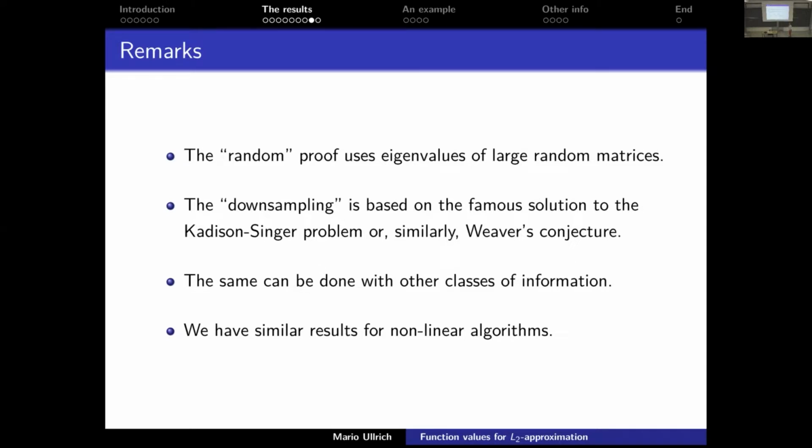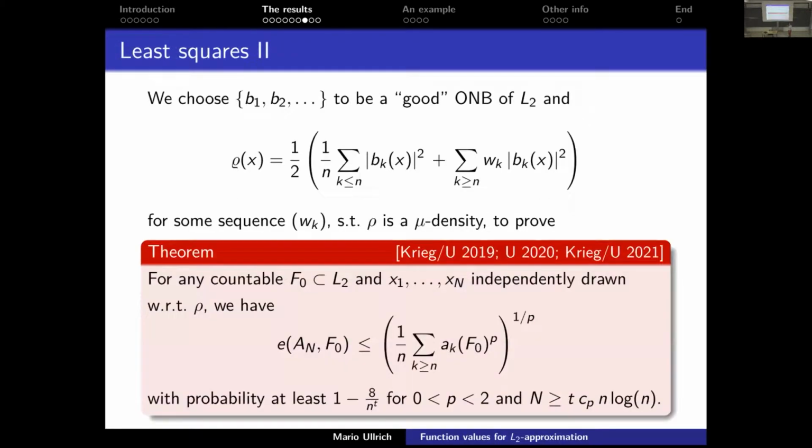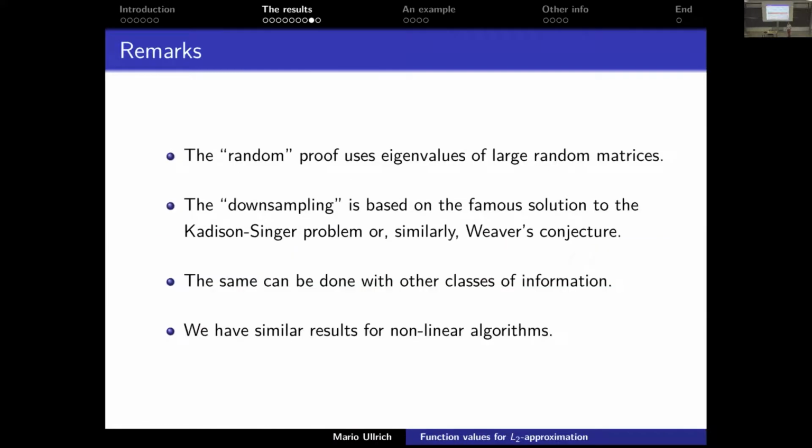So that's well known. And the other thing, coming from the random result with n log n points to the existence of n good points, that's some kind of downsampling strategy, which is based on the famous solution of the Kadison-Singer problem. I will come to that on the next slide.